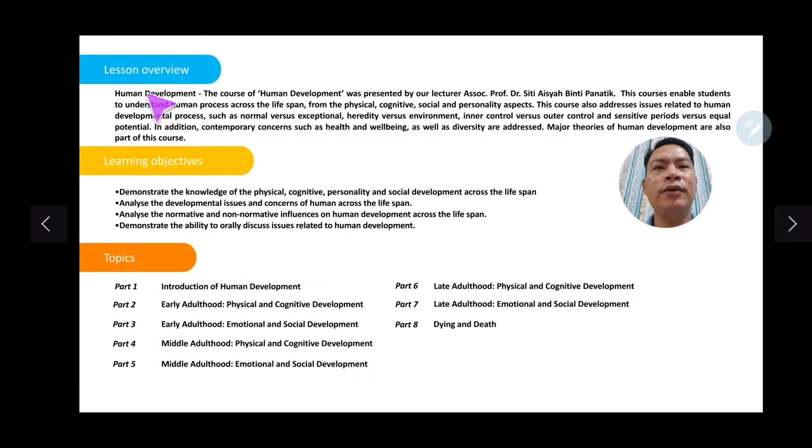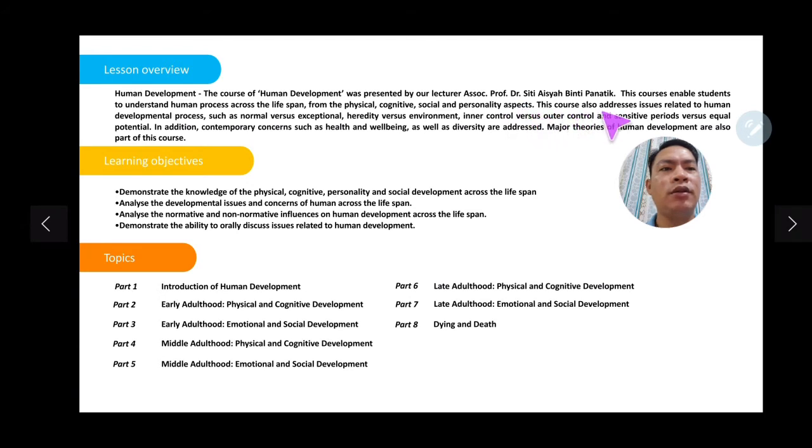Lesson overview. Human development. The course on human development was presented by our lecturer, Associate Professor Dr. Siti Aisyah Binti Panatik. This course enables students to understand the human process across the lifespan, from the physical, cognitive, social, and personality aspects.